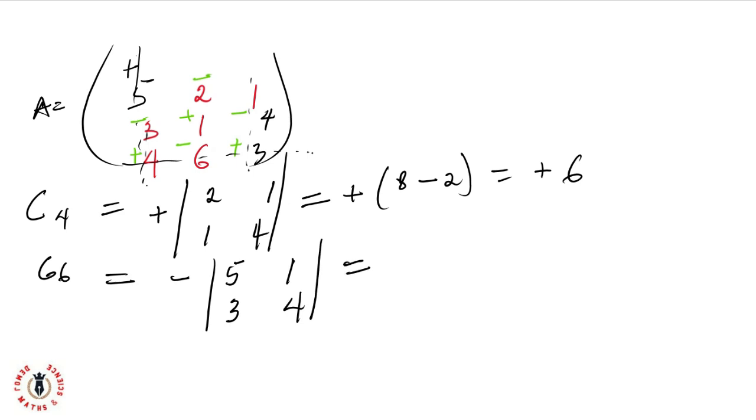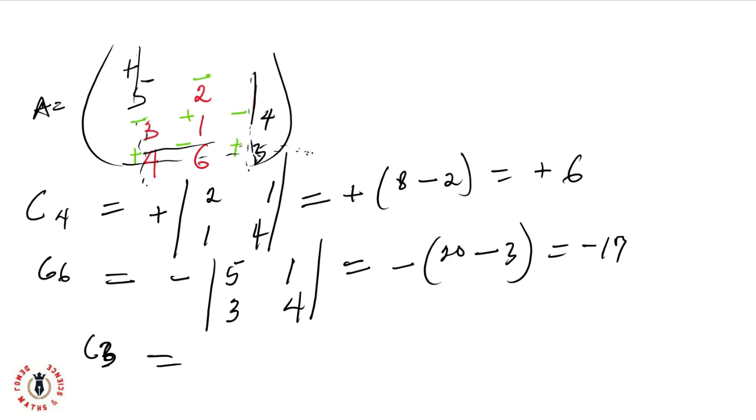That's equal to minus 20 minus 3, which is equal to minus 17. And C of 3, 3 is the last element. That's in the third row and obviously also in the third column.